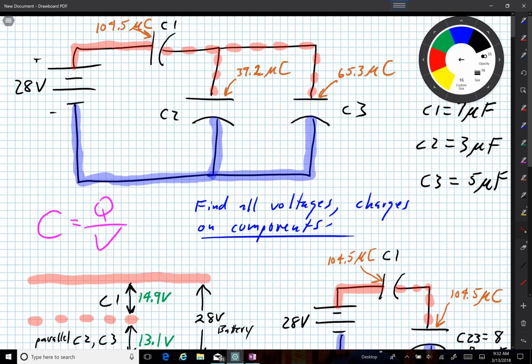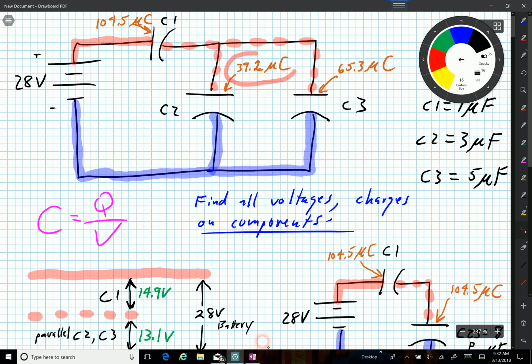That doesn't look the same as up here. I don't have 104.5 microcoulombs here. But add these two numbers together and you're going to get 104.5 microcoulombs.